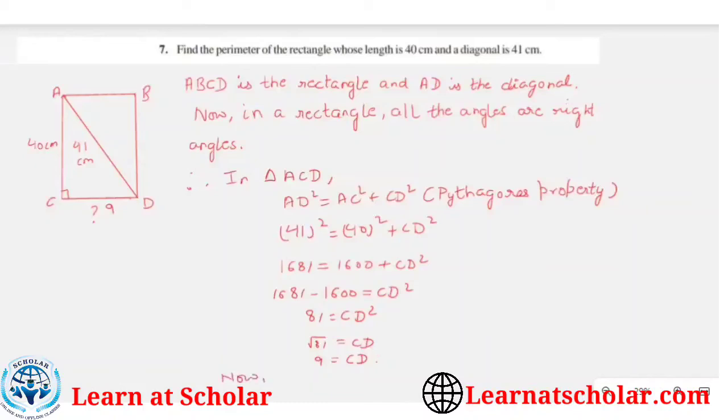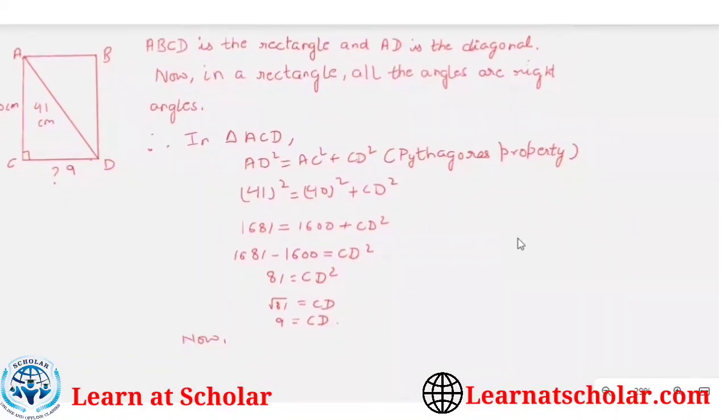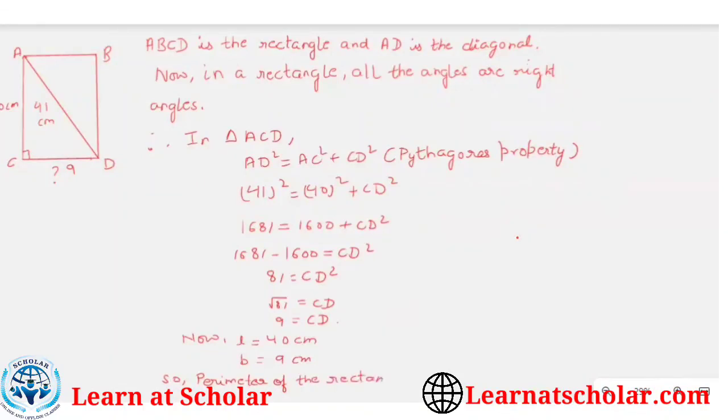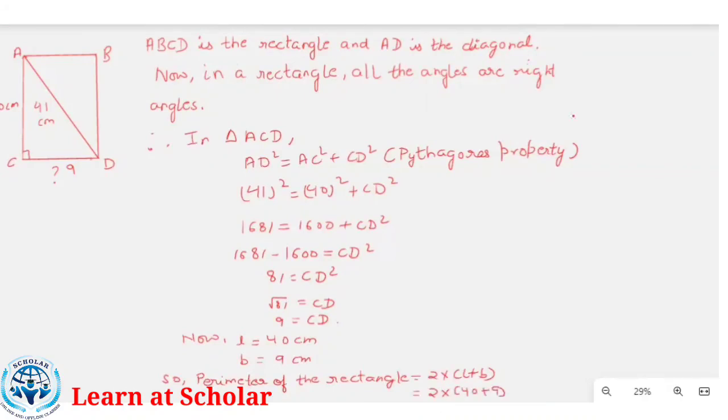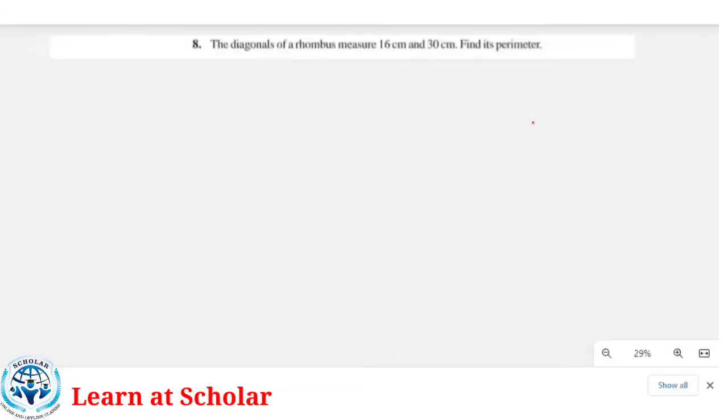So now we will find out the perimeter of the rectangle. 2 into length plus breadth, 2 into 40 plus 9, 49 into 2, is equal to 98 centimeter.